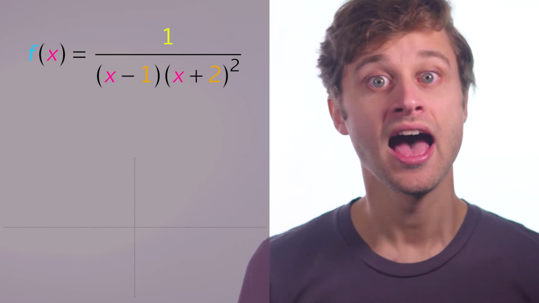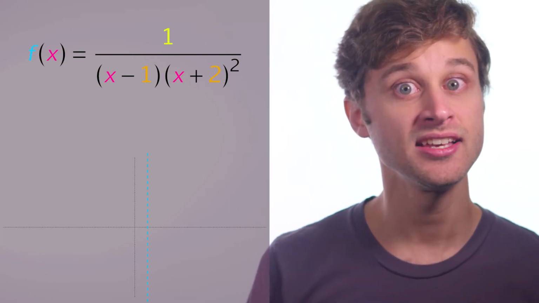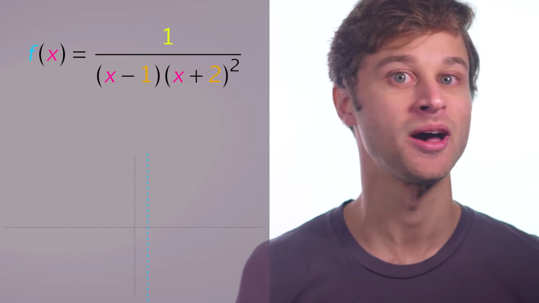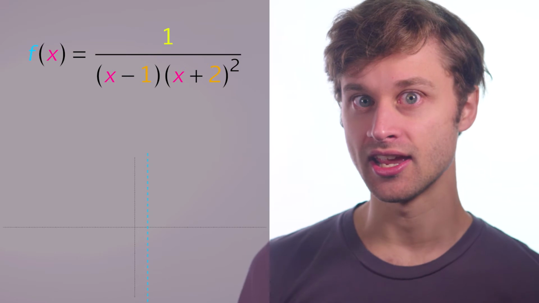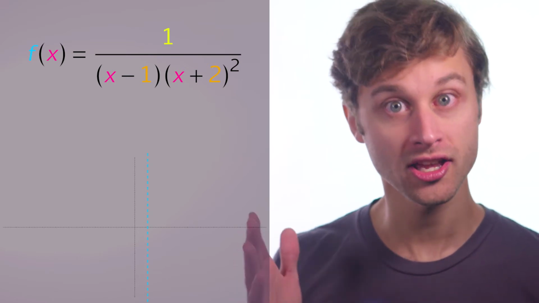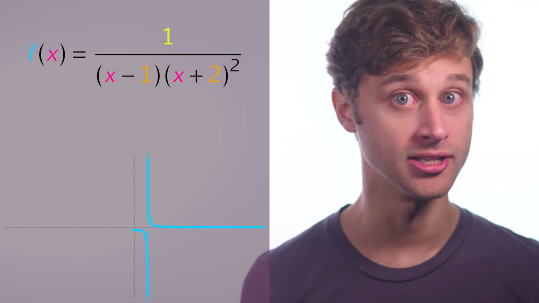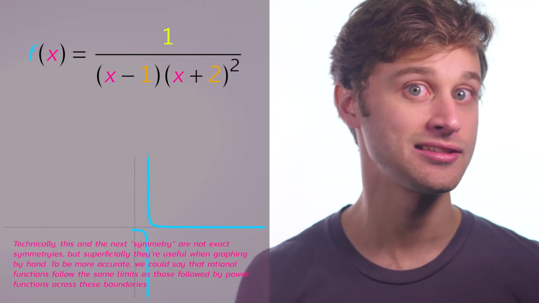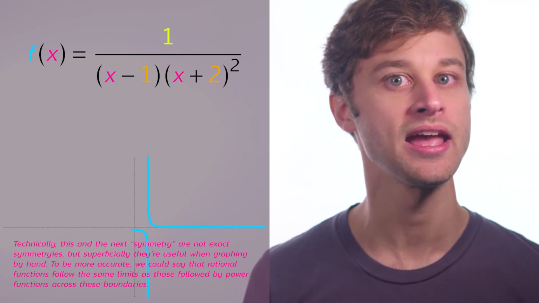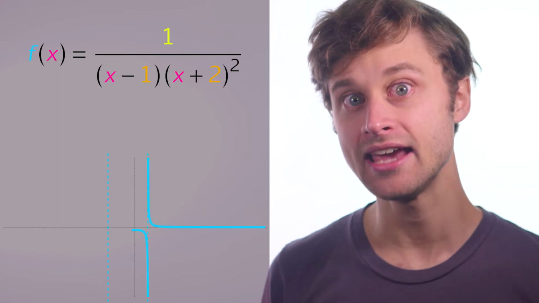From x minus 1, I get a vertical asymptote at 1. And because the power above x minus 1 is just 1, which is odd, the symmetry of this rational function across that vertical asymptote boundary is going to be an odd symmetry. And now if I look at this factor, x plus 2, that gives me a vertical asymptote at x is equal to -2.